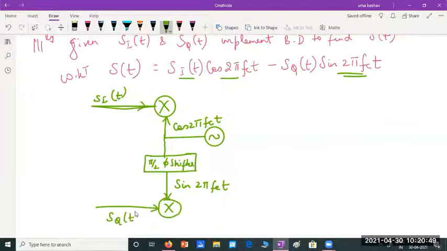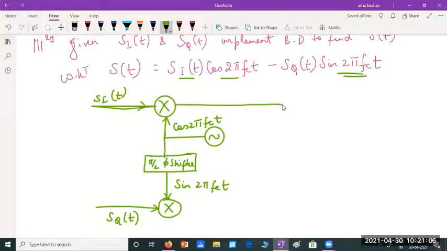SQ of t. I'll multiply sine 2 pi fct with SQ of t and cos 2 pi fct with Si of t.